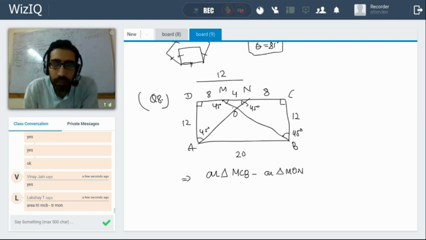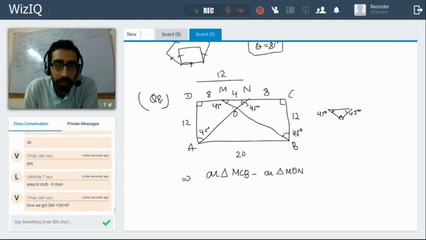And MON is actually a very simple, sweet kind of a triangle with this angle 45, this angle 45, and thus this angle must be 90.